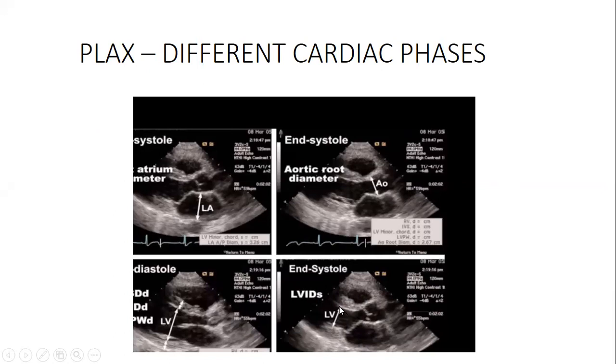So the distance from here to here is not the same, just by looking. This distance is shorter, a small distance, and this one is longer. So the cavity is reduced. This is not an LVH, but the cavity is reduced.